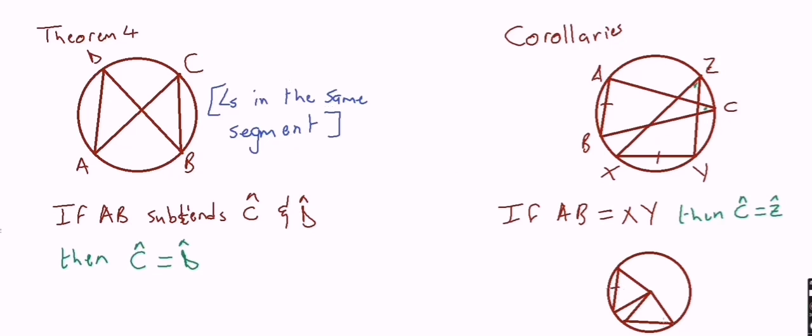It means I've said the chords are equal to each other. Let's call them A, B, and then X, Y, and then this will be O because it's the center. Let's call this O1 and O2. O1 and O2 should be equal because the chords are equal.